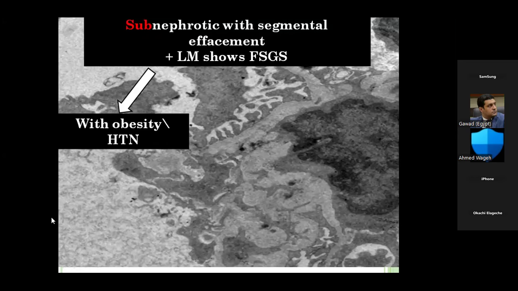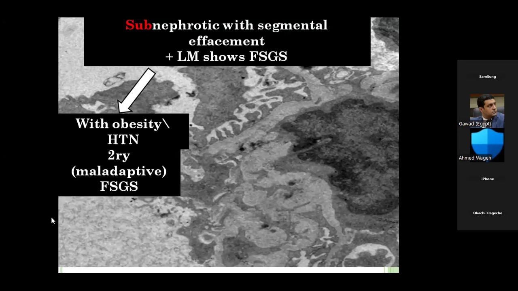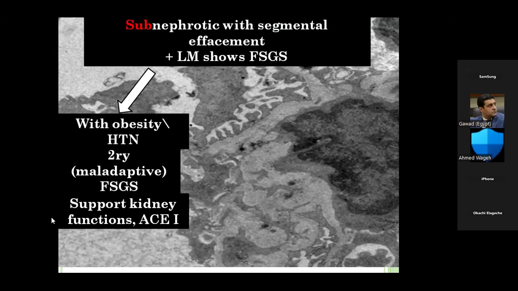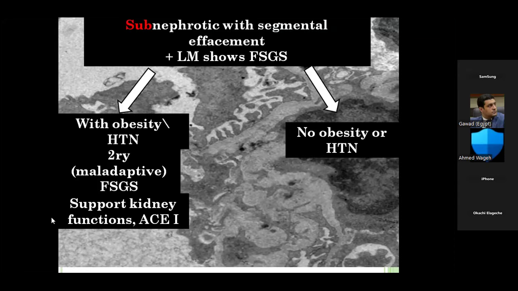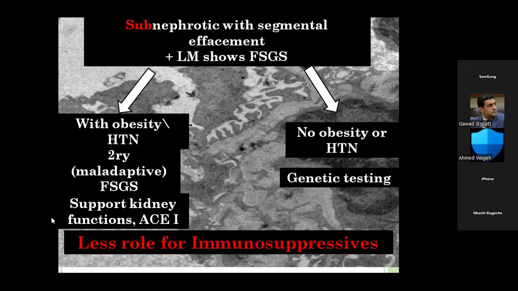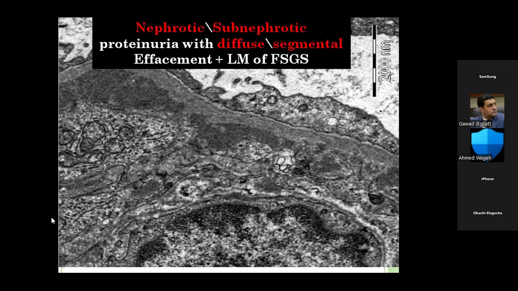He's subnephrotic, so this is mostly adaptive or compensatory focal segmental glomerulosclerosis, and supportive kidney treatment with ACE inhibitors and weight reduction is good for this patient. For a patient with no obesity or hypertension, genetic testing for the segmental effacement of podocytes has a role. And as I said, it's not that there is no role for immunosuppressives, it's a lesser role for immunosuppressives.